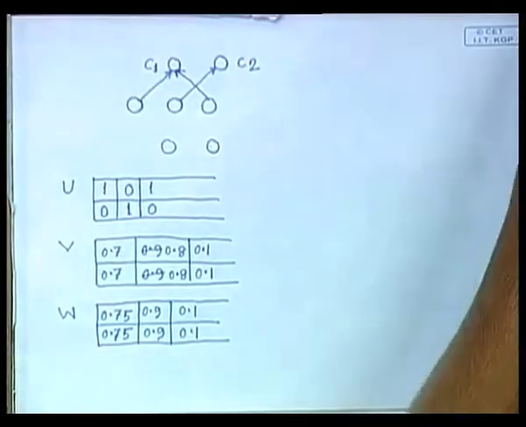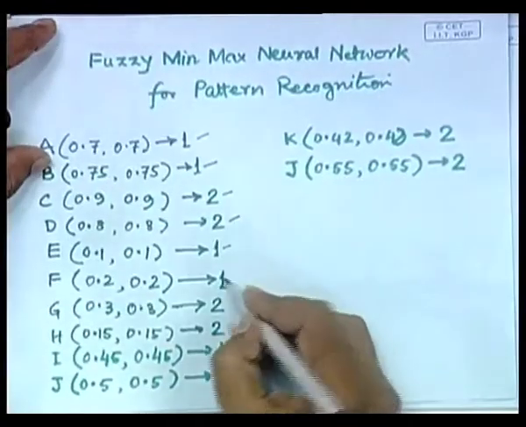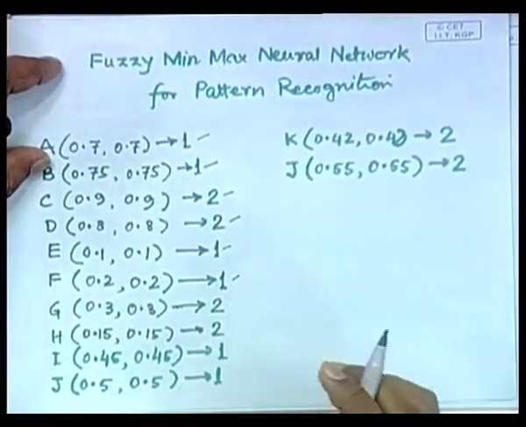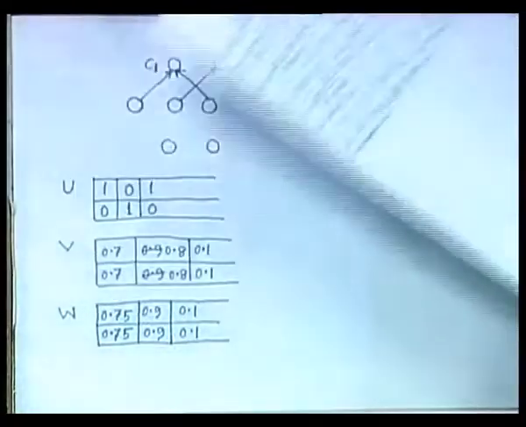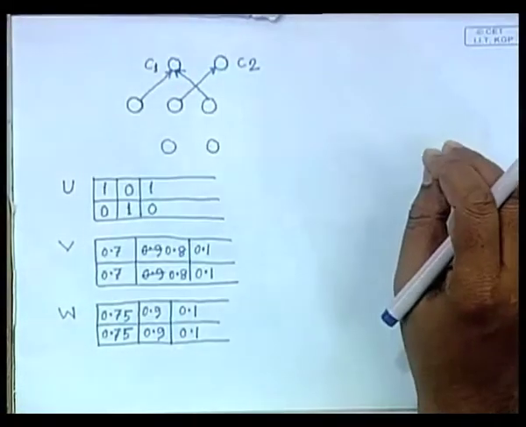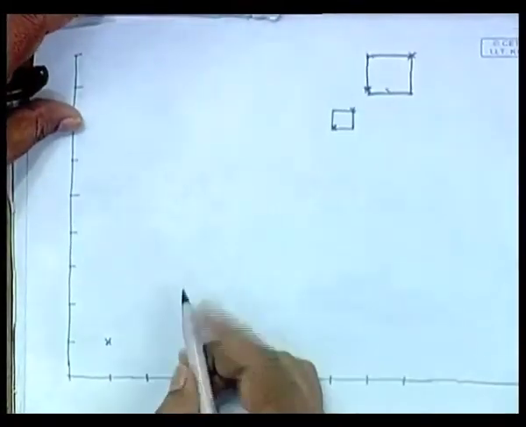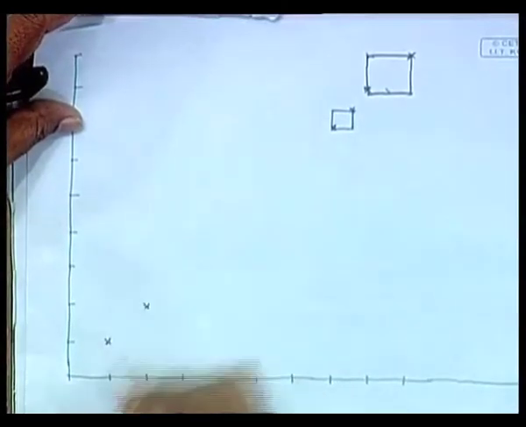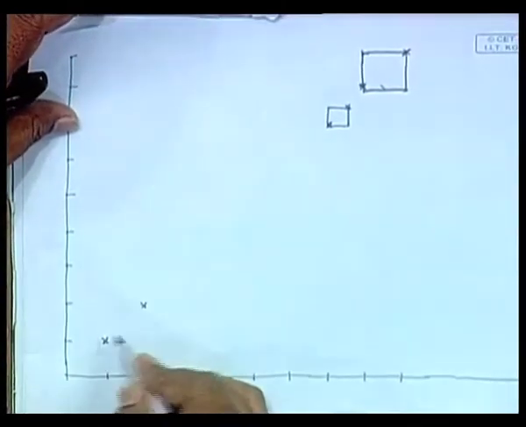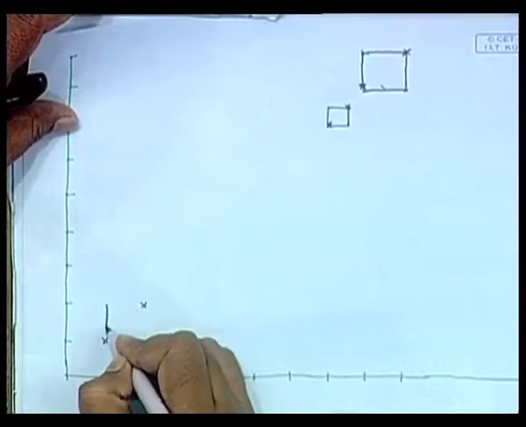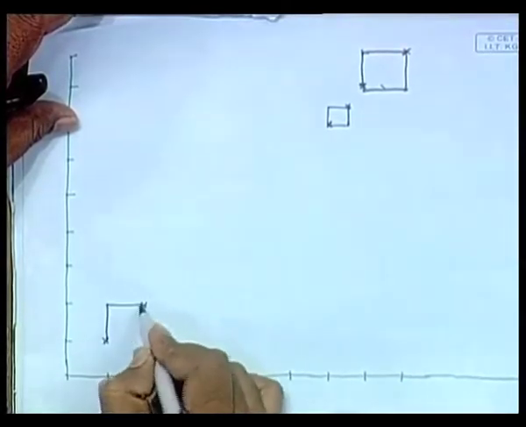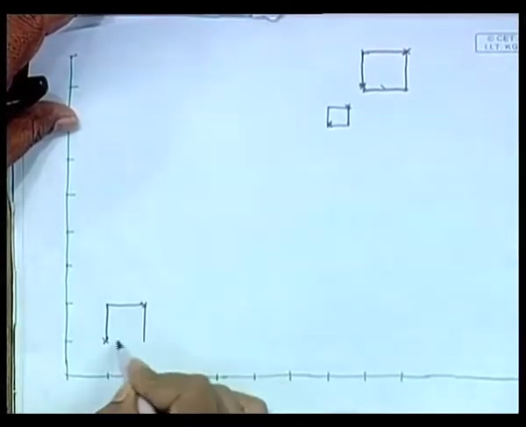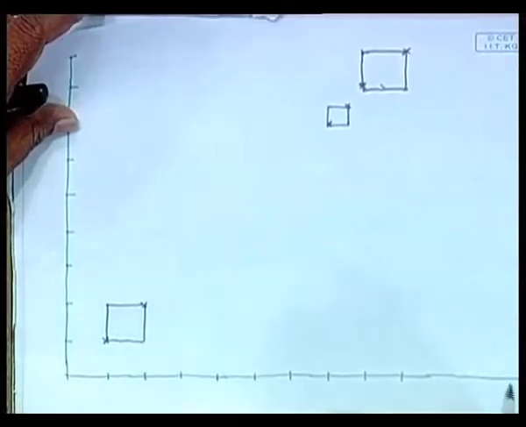Then come to the next point, which is 0.2, again belonging to the same class C1. So, 0.2 is over here. I can expand this point hyperbox to include this 0.2. So, I am not adding any new hyperbox.